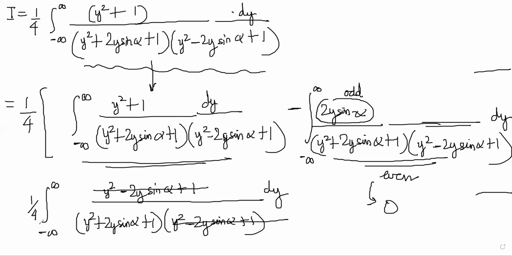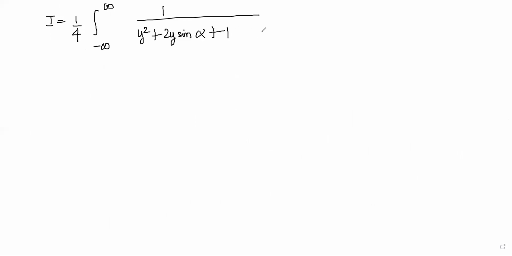So our answer is basically 1 by 4 of this. I'll write that in the next page. Your I is 1 by 4 of the integral from minus infinity to infinity of 1 by (y square plus 2y sine alpha plus 1) dy, right? This part is easily solvable.